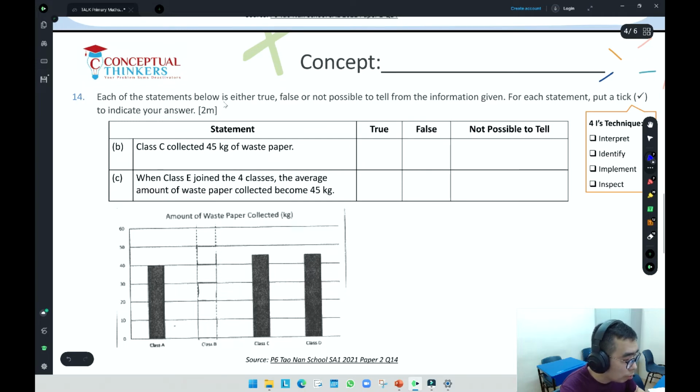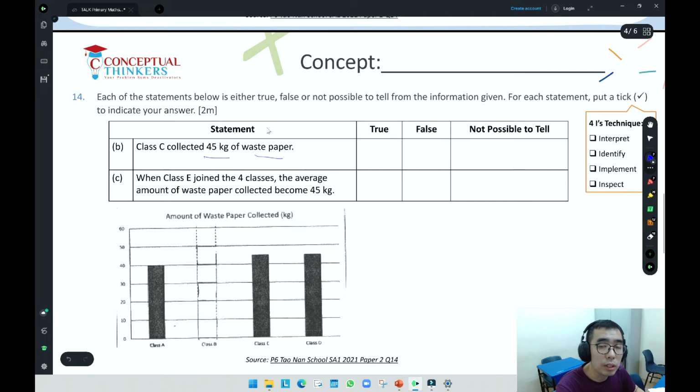Now each of the statements below is either true, false, or not possible to tell from the information given. So for each statement, put a tick to indicate your answer. Let's understand the first one. For part B, we need to know whether class C collected 45 kg of waste paper.